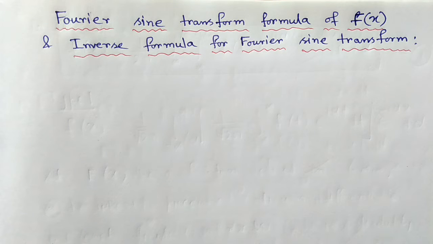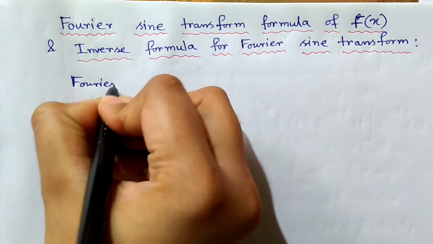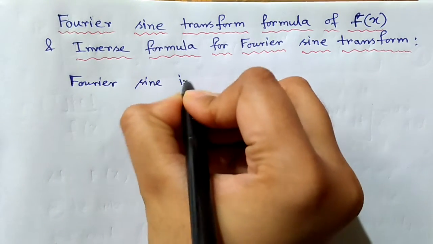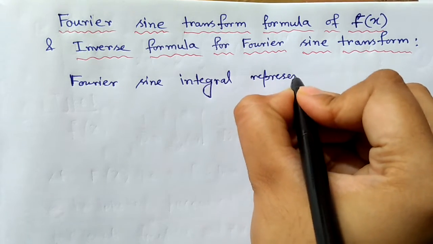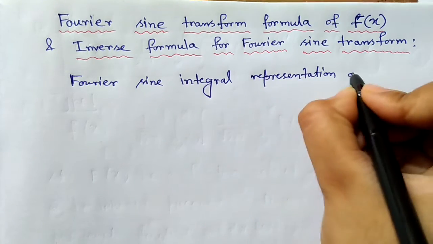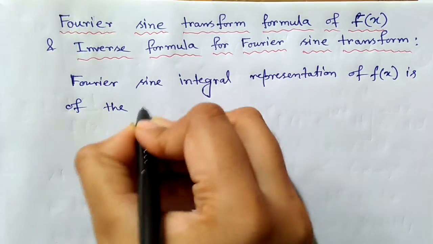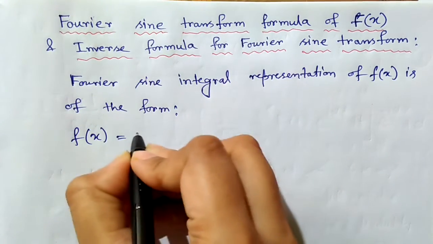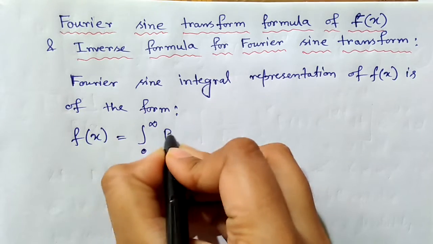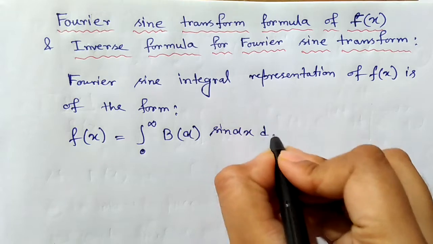According to our previous classes, we know the Fourier sine integral representation of the form f(x) equals integration 0 to infinity b(alpha) sine alpha x d alpha.